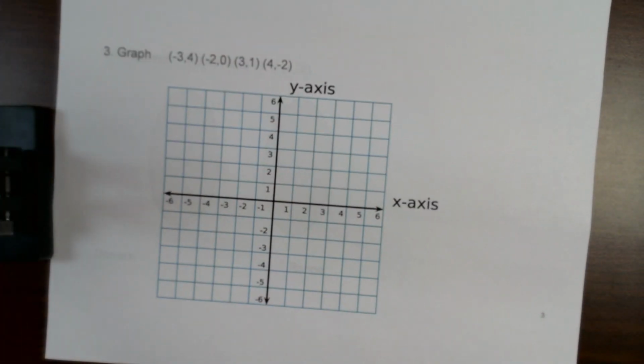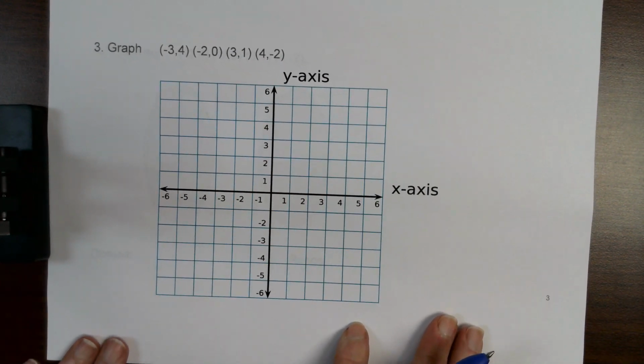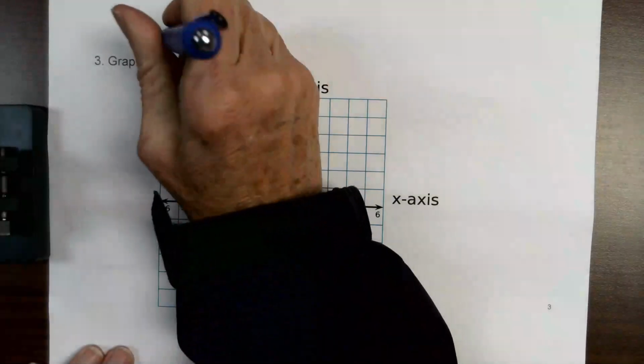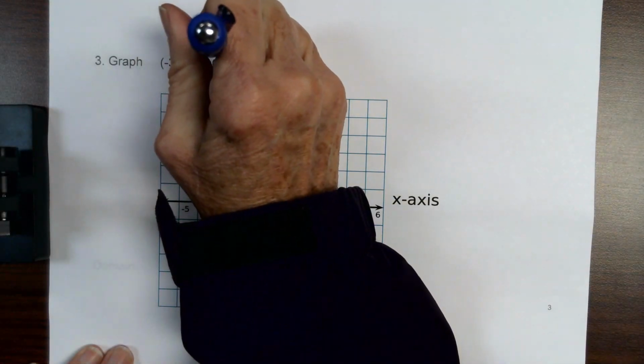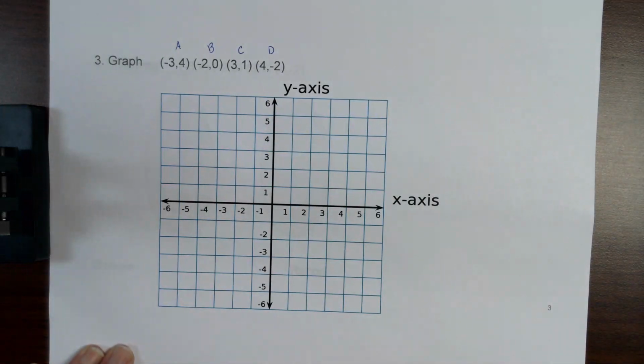So you have ordered pairs, you have a table. The third way is putting them on a graph. A lot of times with these, you'll go ahead and label these with letters so that you can put them on there without writing the actual ordered pair.